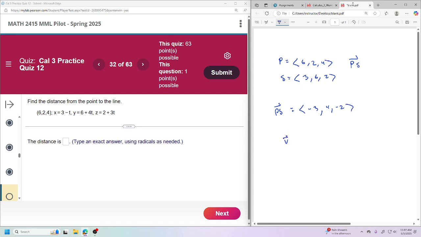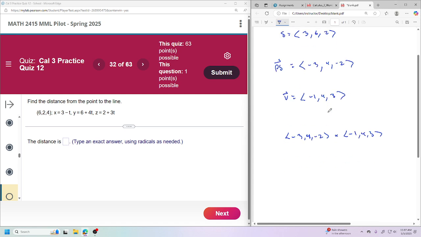And then my v is my slopes. So -1, 4, 3. Cross them. Magnitude. Divide by magnitude. Blah, blah, blah. Oh, I don't like doing it like that, though. Go ahead.